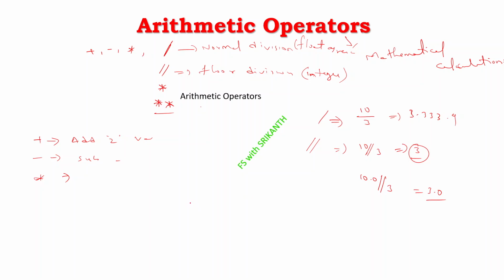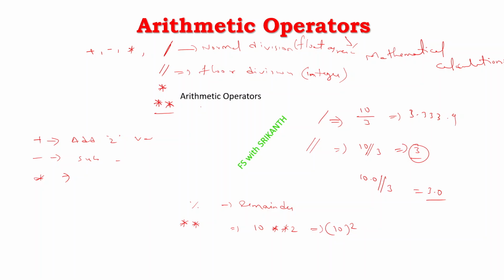And modulo division returns the remainder. And this is the power operator. Suppose we use 10 double-star 2, that means 10 to the power of 2.